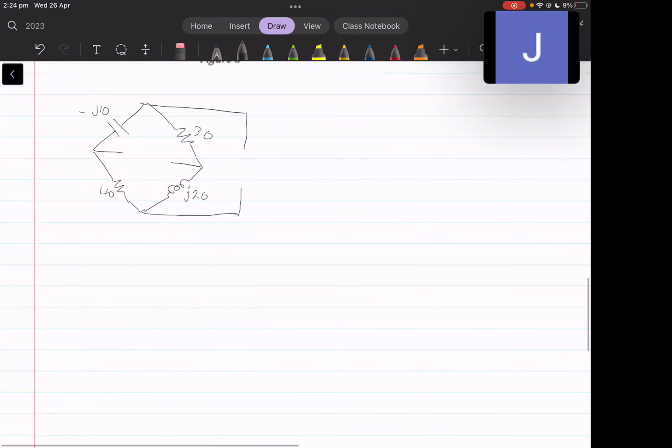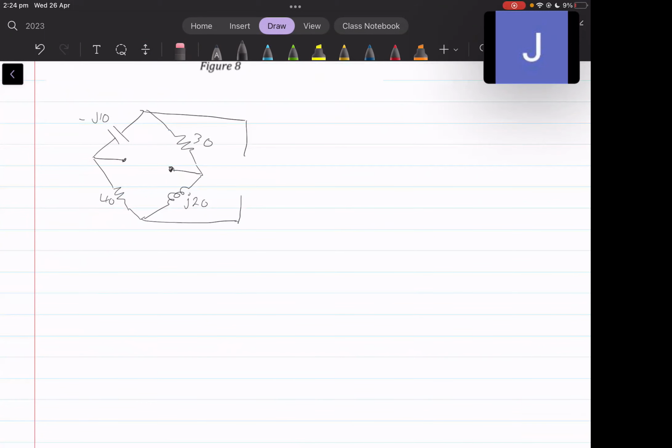So now we just look at the impedance from these 2 nodes. That's going to be the top half, 30 minus J10, in parallel with the bottom half, which is 40 plus J20.